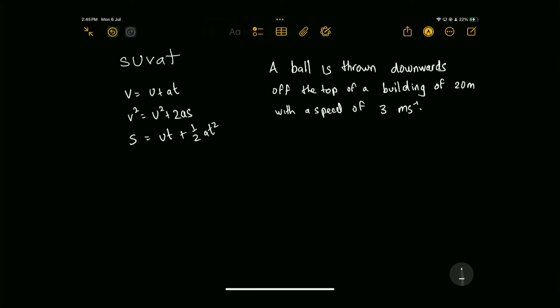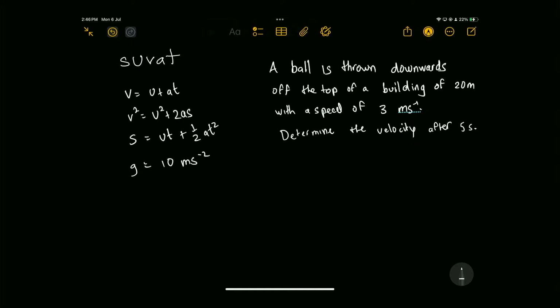So I want you all to determine the velocity after 5 seconds. I'll give you that g is equal to 10 meters per second squared.